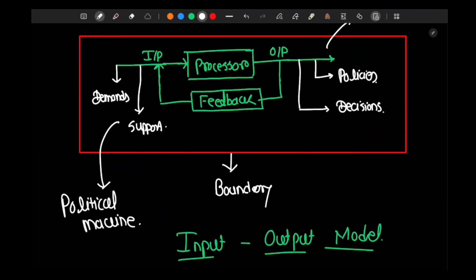Then, when the protest happened, what the government had to do was change the law with respect to that feedback. And now juveniles can be given the death penalty if they commit rape and murder, right? This is how the system works.